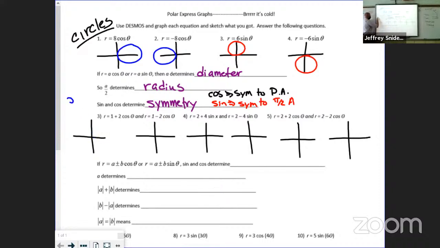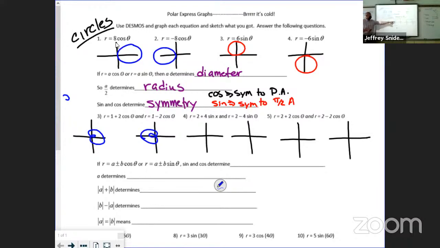That's going to be way too small. Kind of goes like this. This next one kind of goes like this. Those are the first ones. Those were the cosine ones.